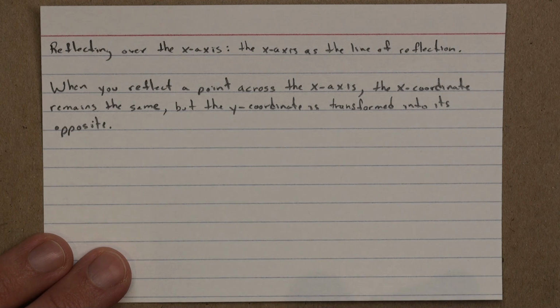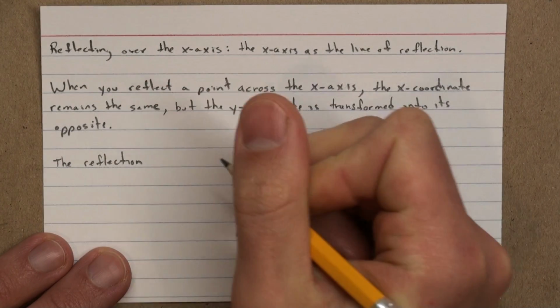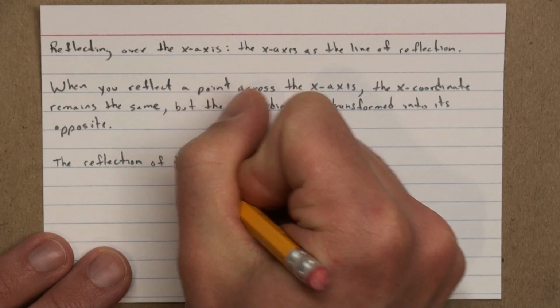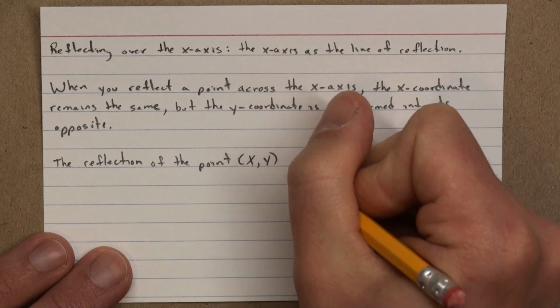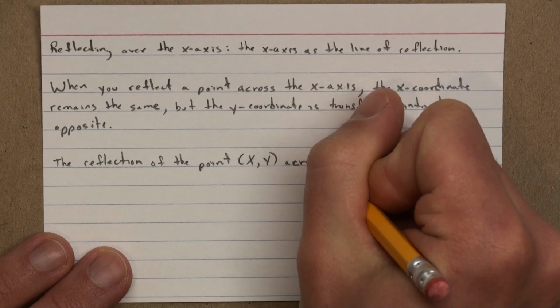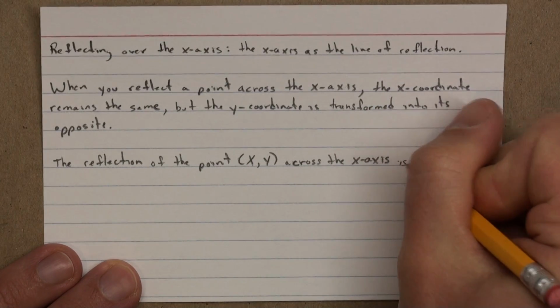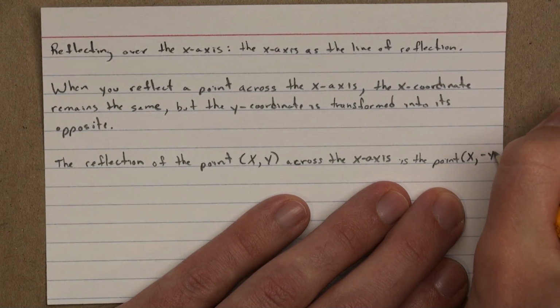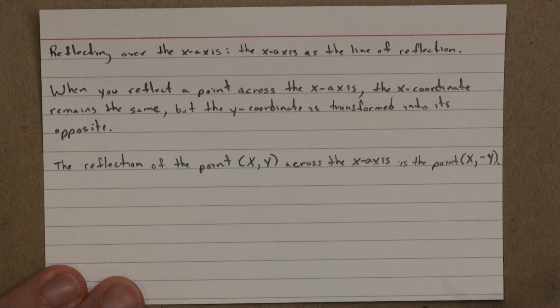Okay. So let's see, the reflection of the point x comma y across the x-axis is the point x comma negative y. So there's two ways to show this.